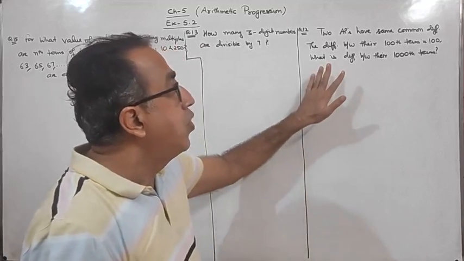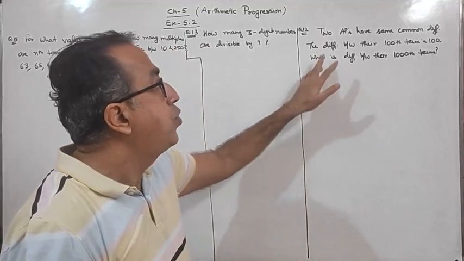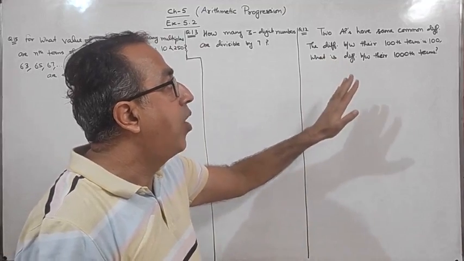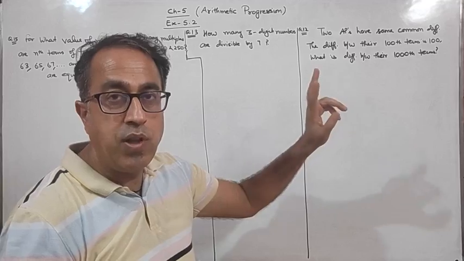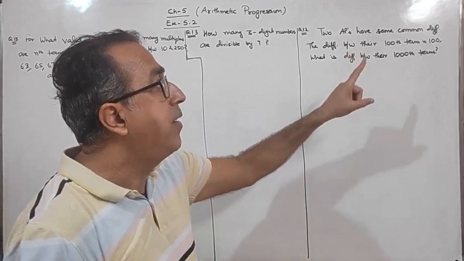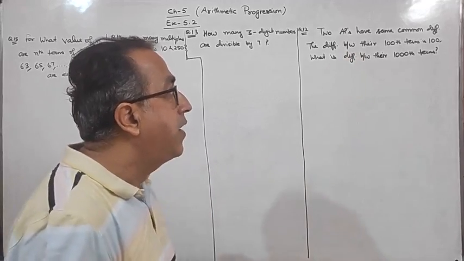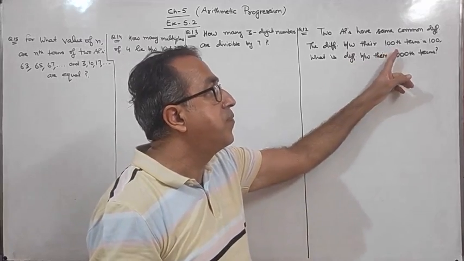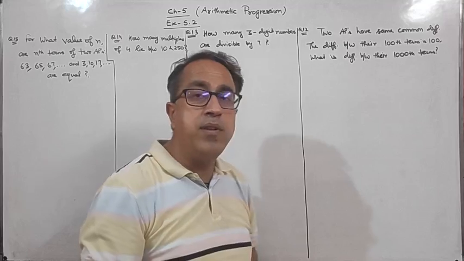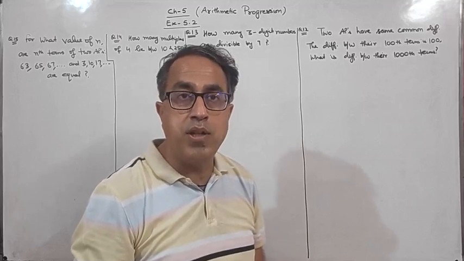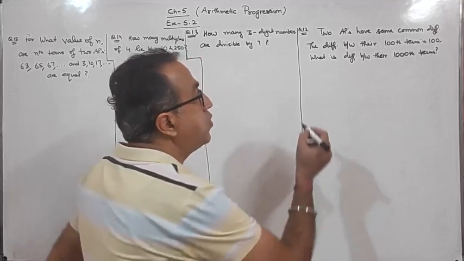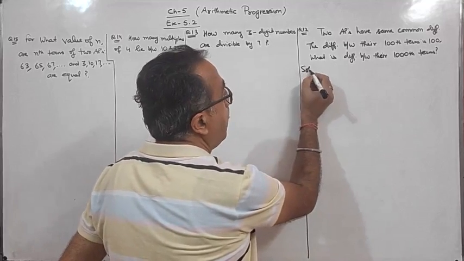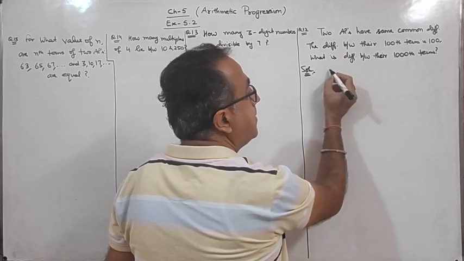Now, question number 12. Two APs have the same common difference. In this question, there are two APs having the same common difference, and the difference between their 100th terms is 100. What is the difference between their 1000th terms? First of all, there are two APs.